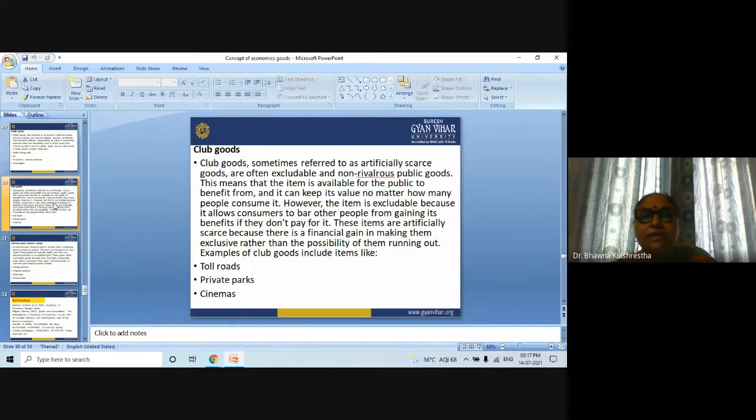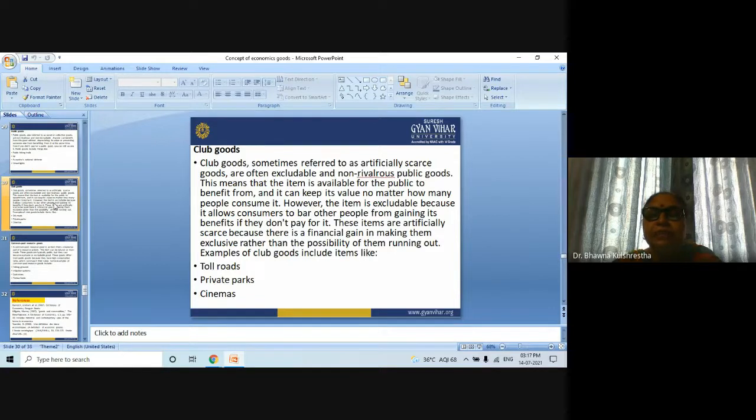However, the item is excludable because it allows consumers to bar other people from gaining its benefits if they don't pay for it.